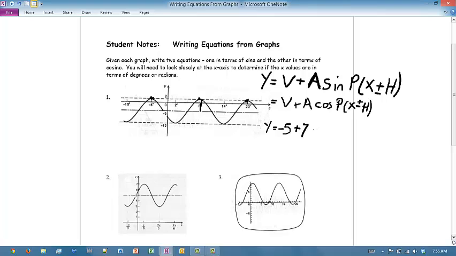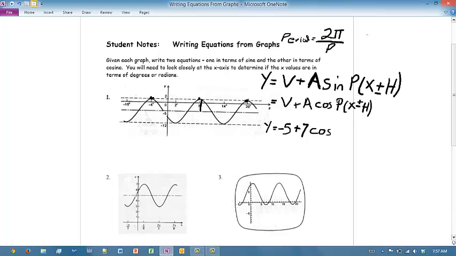Now I said I was going to do a cosine first, so we'll write cosine of our period. Remember, guys, the period of a normal cosine or sine function is 2 pi. How we would find the period if we were given p is we would divide 2 pi by p, and this would give us our period.